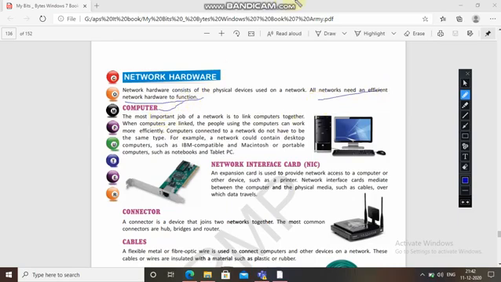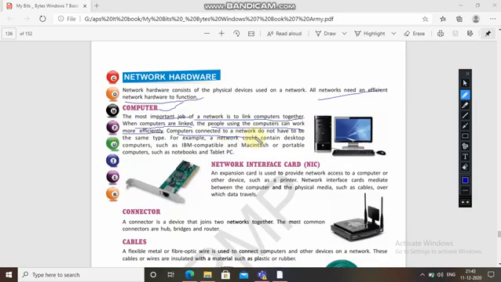Like the first point, you have computers. The most important job of a network is to link computers together. If the computers are not linked with each other, or the devices are not linked with the computer, they can't share their data or the resources or the information. So when computers are linked, the people using the computers can work more efficiently.